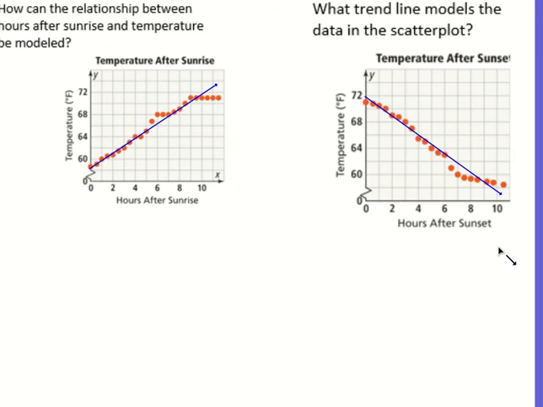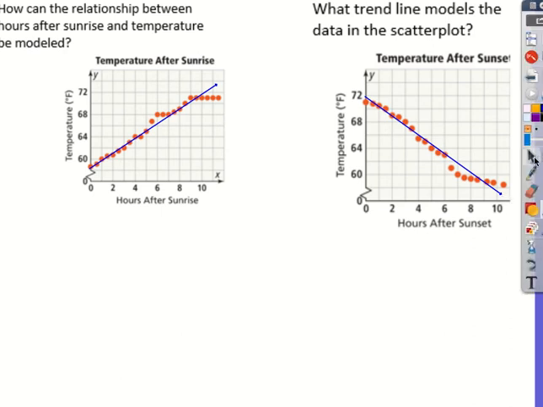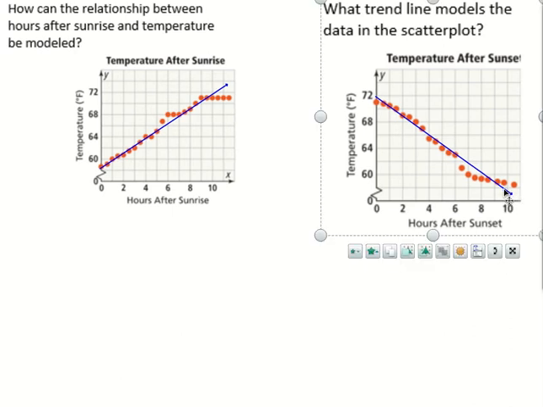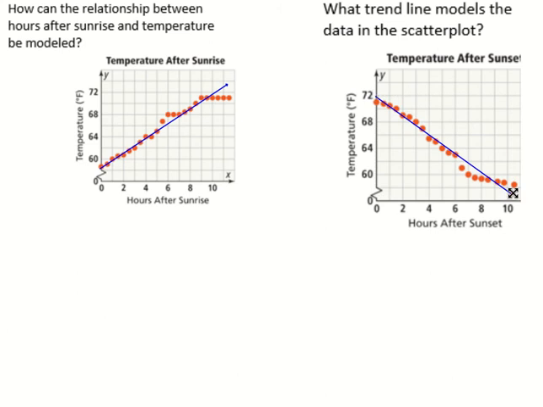So as long as you're close to something like that, you're probably good. I try to hit as many of my dots as I could. I'm trying to keep it even so that the same amount of dots are on one side as the other. And there we go. So just check, see if it's kind of close to mine. It doesn't have to be exact.